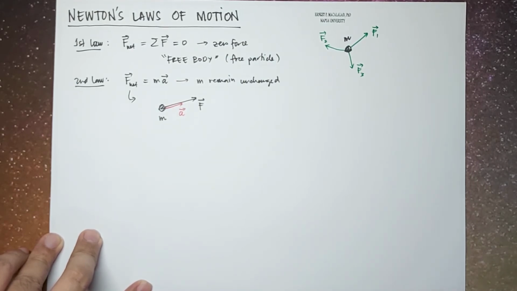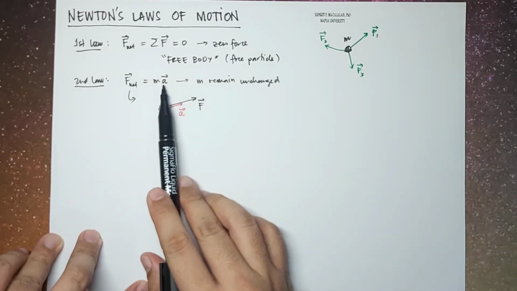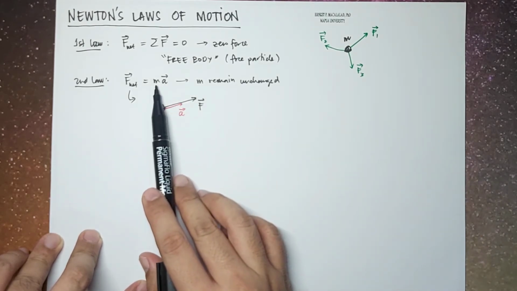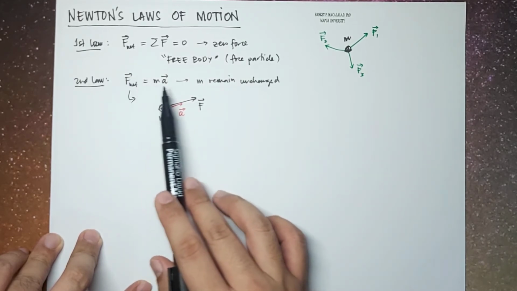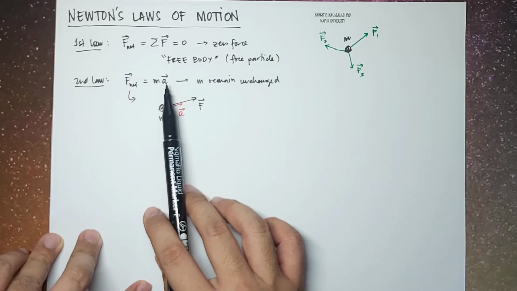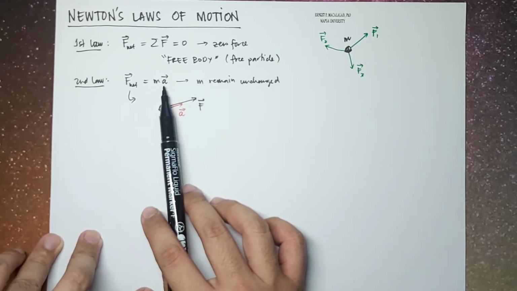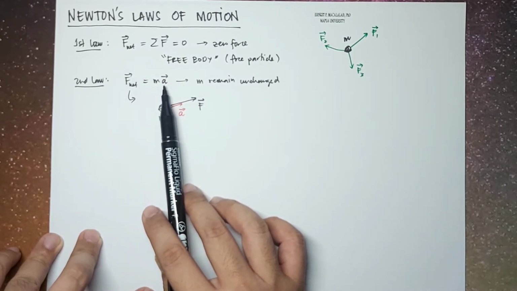Mathematically, that is supported by our earlier discussion that when a vector is multiplied by a scalar, the direction of the resulting vector follows the direction of the original vector. In this case, that's your acceleration.